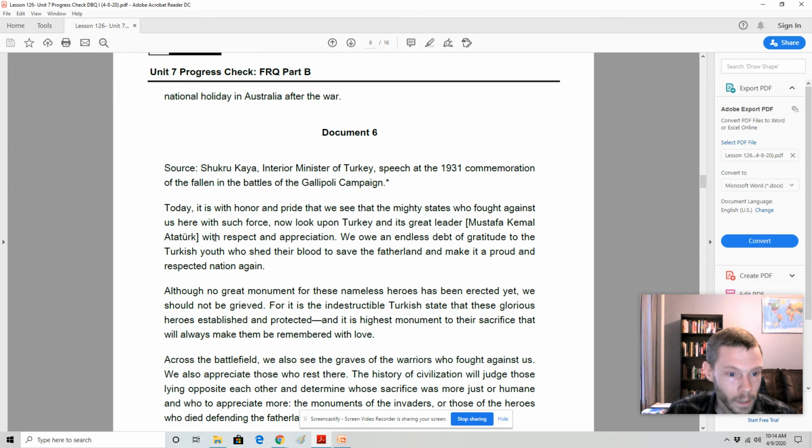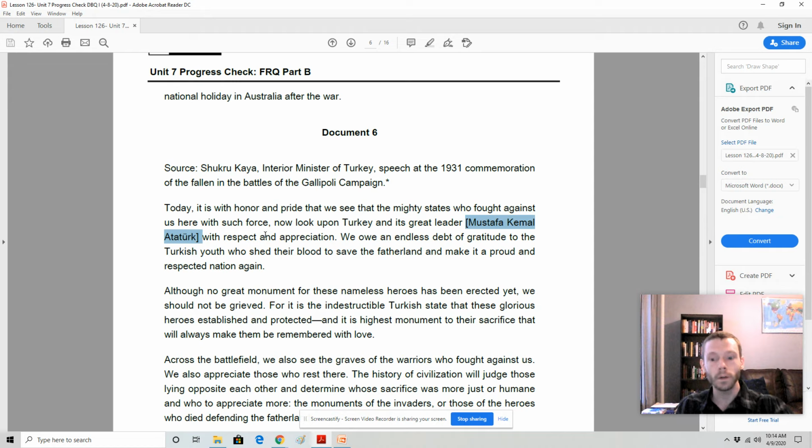Okay, document 6. This is Shukru Kaya, the Interior Minister of Turkey. Again, notice the year 1931. The Ottoman Empire was disbanded by 1923. Kemal Ataturk comes to power, and they create the Republic of Turkey. Now, again, notice they mention Ataturk in this document, so mentioning his name would not be EBD. It would not be evidence beyond the documents. However, you could speak to what was happening in Turkey.